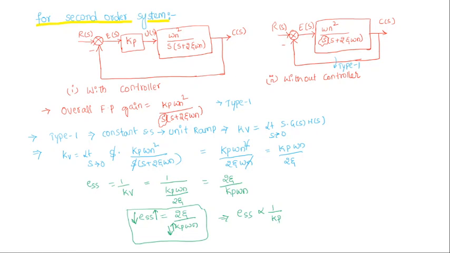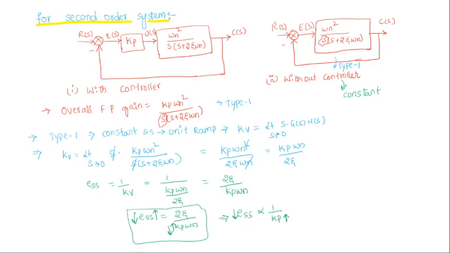This is the first effect of adding the proportional controller in the forward path. Without controller, the steady state error value is always constant and we can't change it. But with controller, we can increase the controller gain in order to reduce the steady state error.